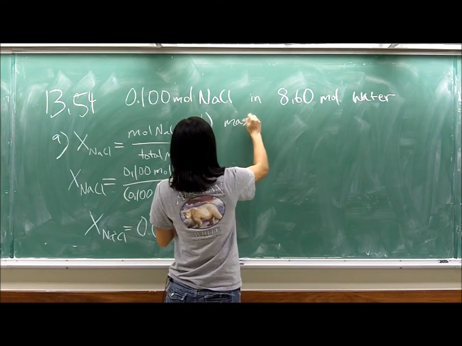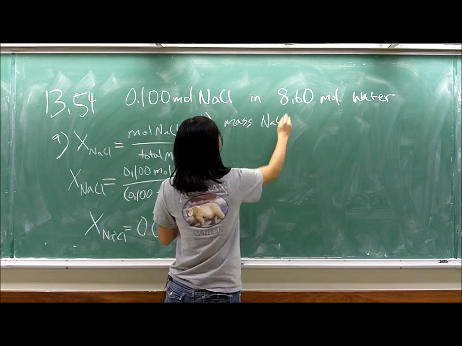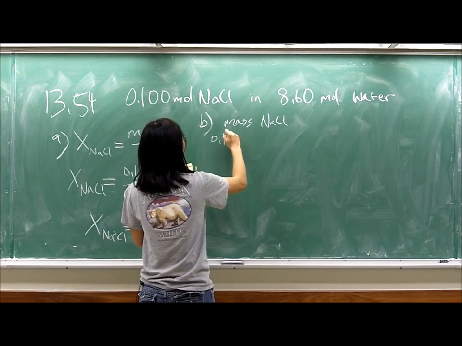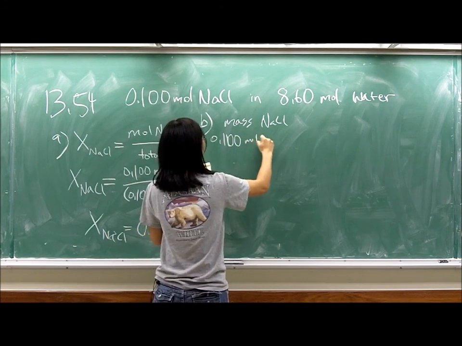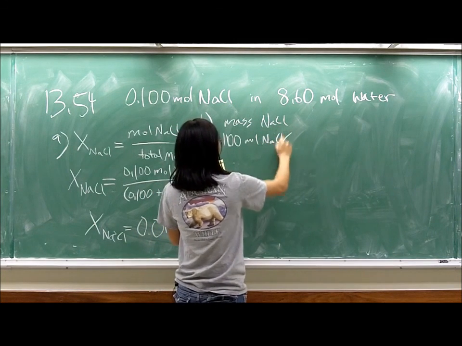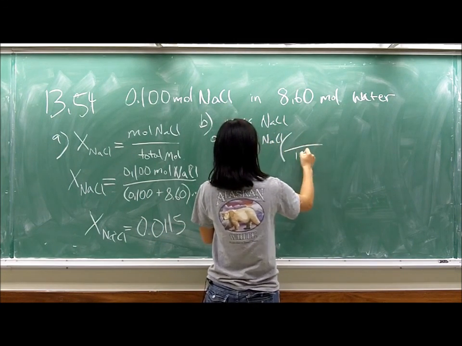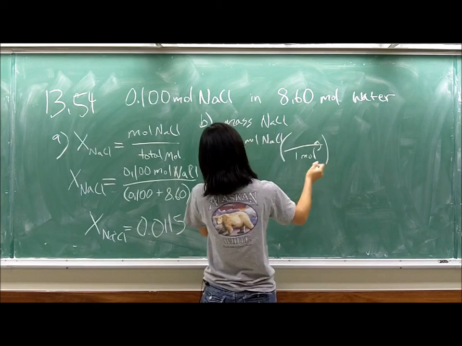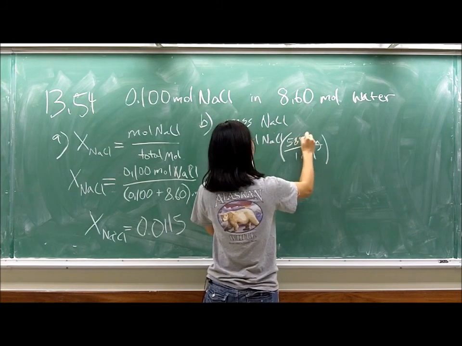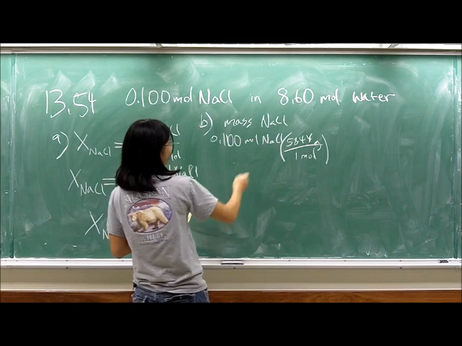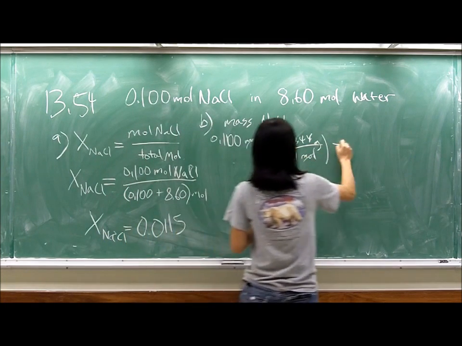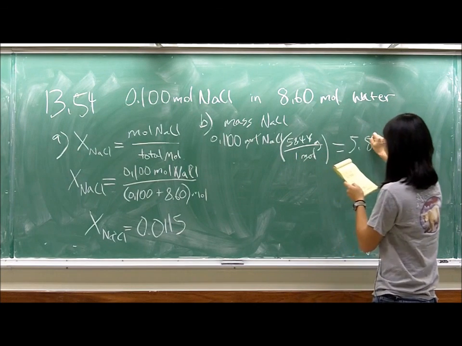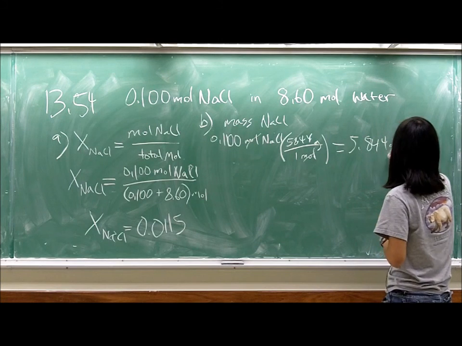The mass of NaCl can be found by taking your 0.100 moles and canceling out moles with the molar mass, which is 58.44 grams per mole. So moles cancel out, and you get 5.844 grams of NaCl.